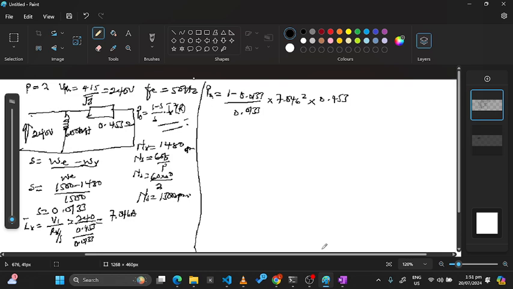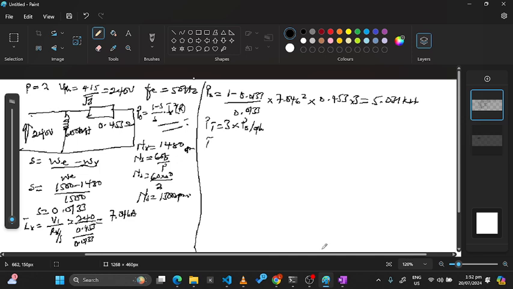Okay, this is the power per phase. If you were in the last meeting, we saw that this is the power per phase. If I want to get the total power, PT should be equal to 3 times the power per phase. So to get the total power, you multiply this by 3, and this should give us 5.031 kilowatts.